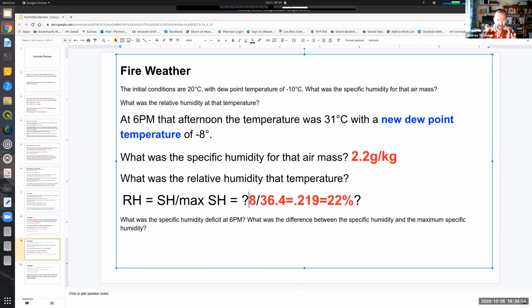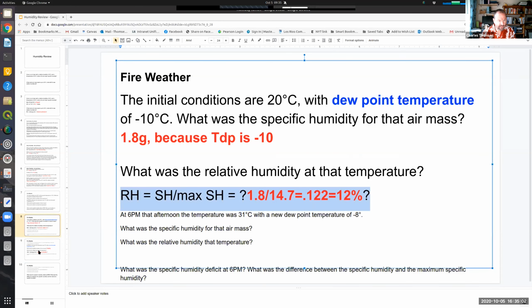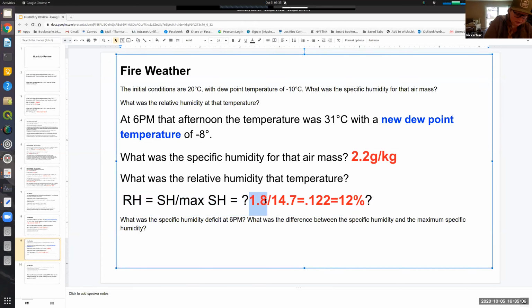So the specific humidity we know is, I'm going to copy that one because the formatting's better, 2.2. The max is 29, because you do it for 31 degrees Celsius, right? Yeah, 29.0. Nicole, you want to tell me what you get for the percent?